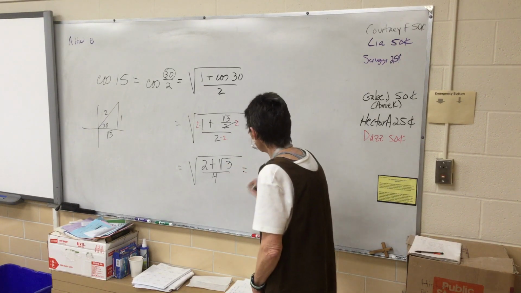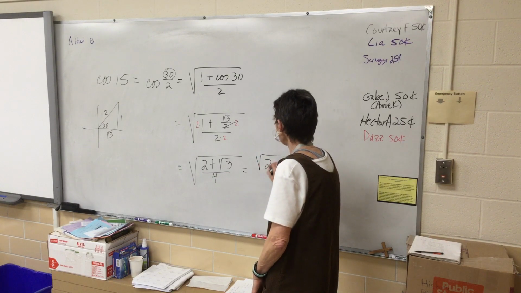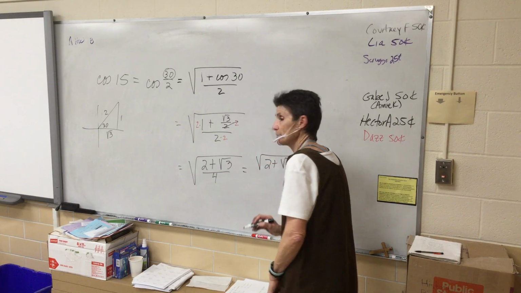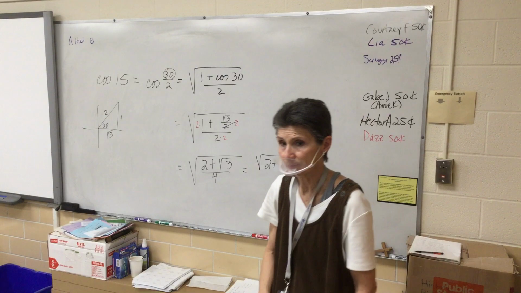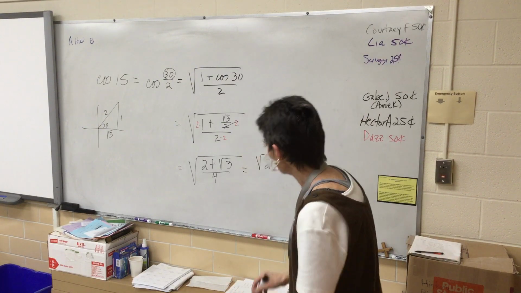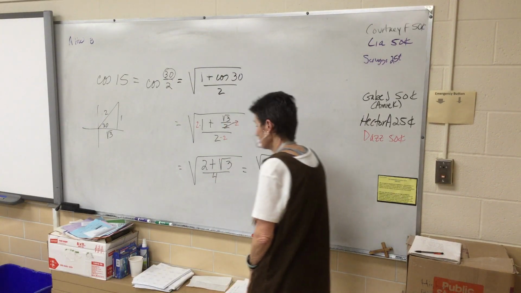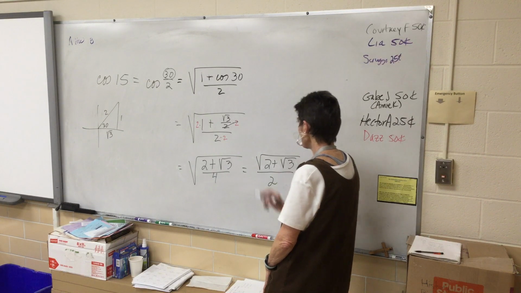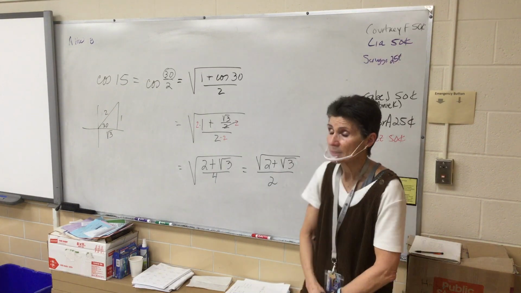Now, the square root of the numerator is just the square root of the numerator. There is nothing I can do to that. But what about the square root of the denominator? It's just 2.